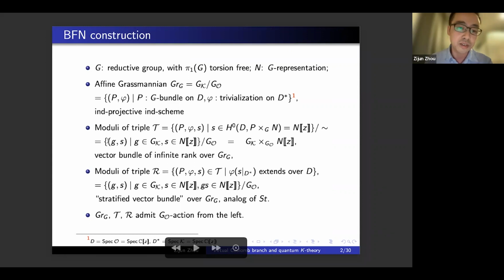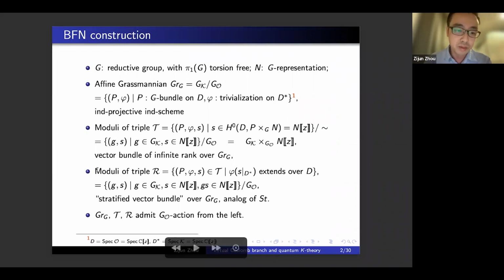And in particular, it has a presentation like this, so you can write it as a pair g and s. So g is an element in the group G((z)), and s is a section in this N[[z]]. And in particular, the space T is a vector bundle of infinite rank over the affine Grassmannian, so it's smooth over the affine Grassmannian.